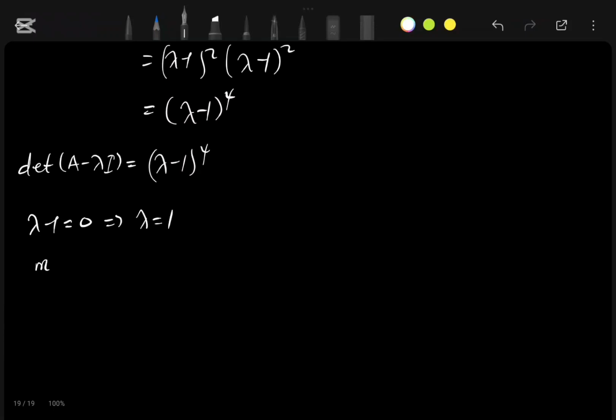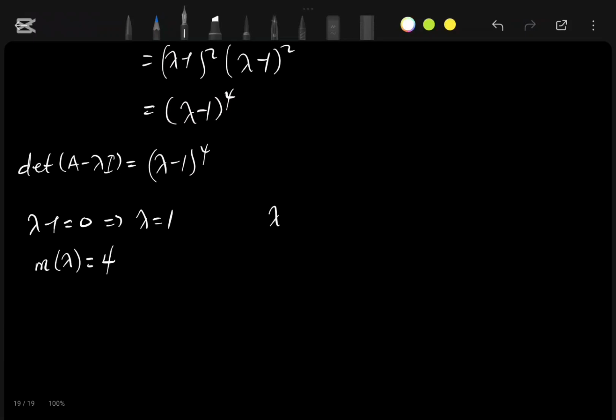So the multiplicity of lambda is 4. By not expanding the bracket and keeping them in their confined manner, and also solving it term by term, it has made it possible for us to get this answer very simply.